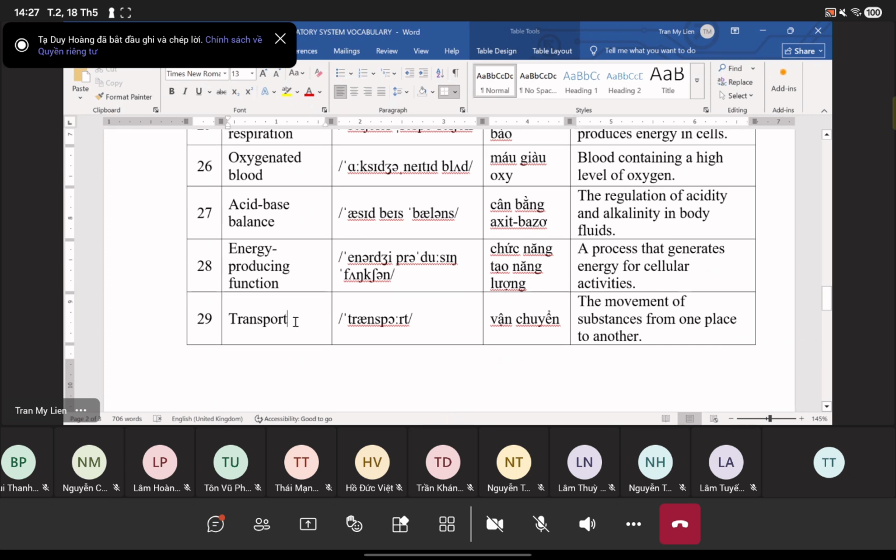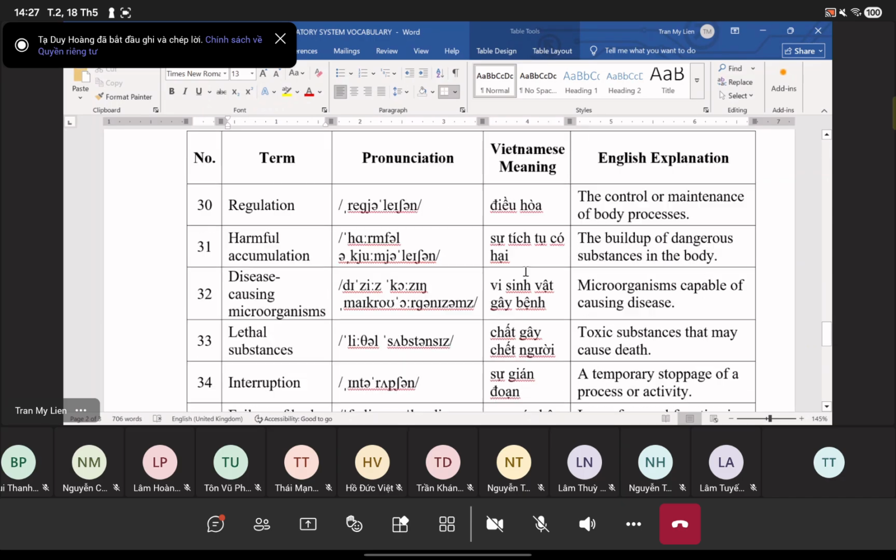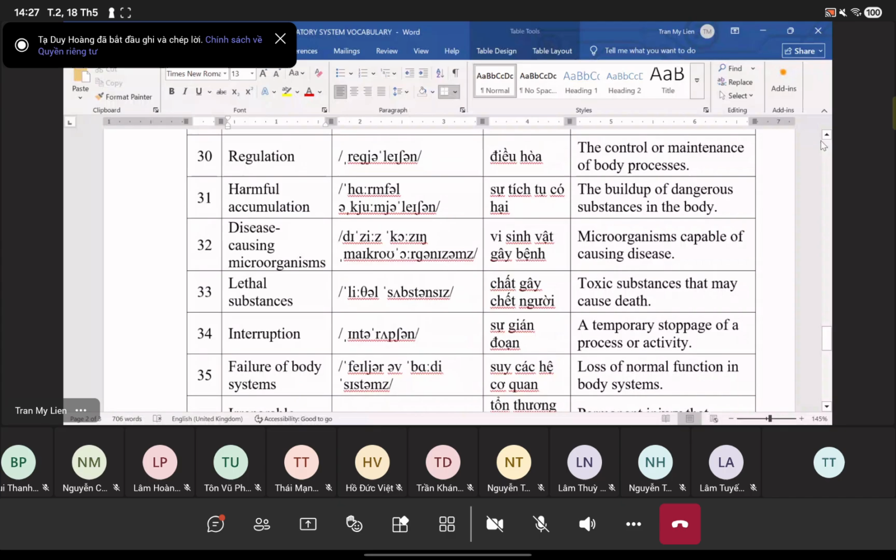Transport, verb and noun, or transportation, the movement of substances. Transport of air, transport of gases, transport of nutrients. Regulate, regulation. Harmful accumulation, accumulation, or the buildup of substances in the body.